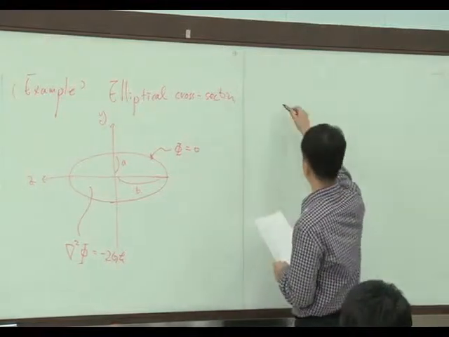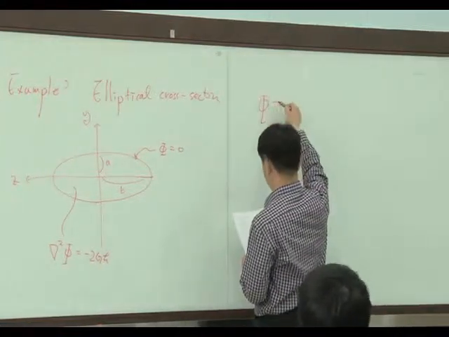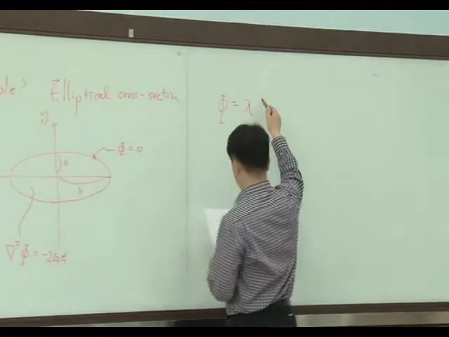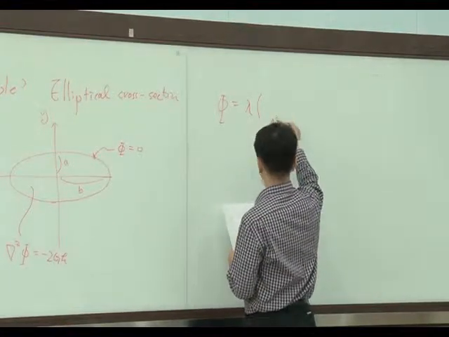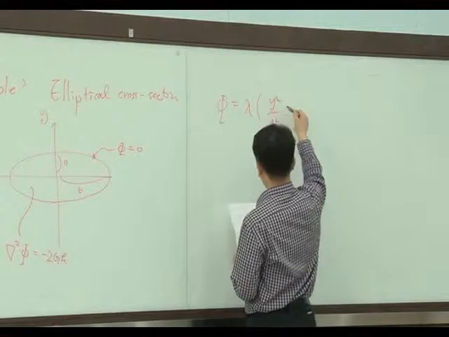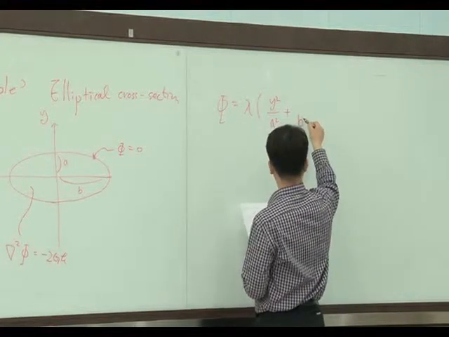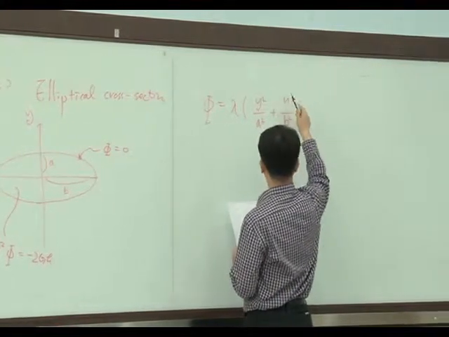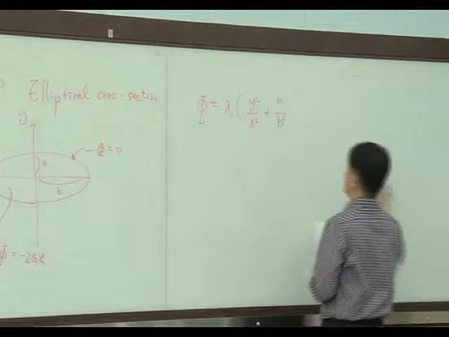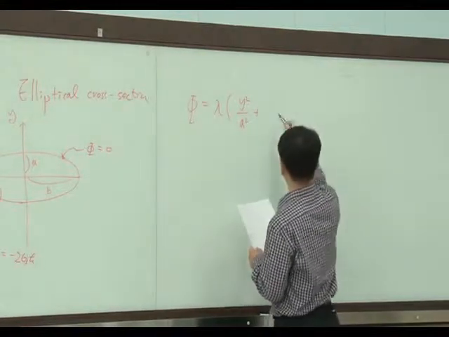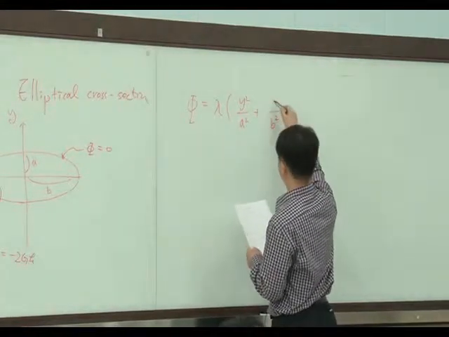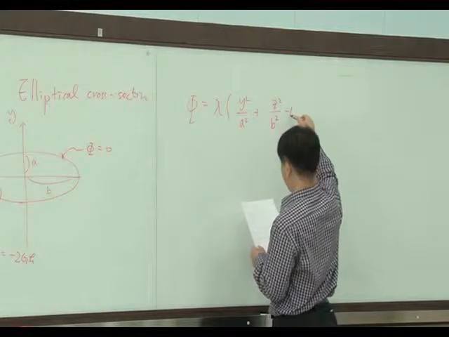The easiest one is this one: lambda times (y squared over a squared plus z squared over b squared minus 1).